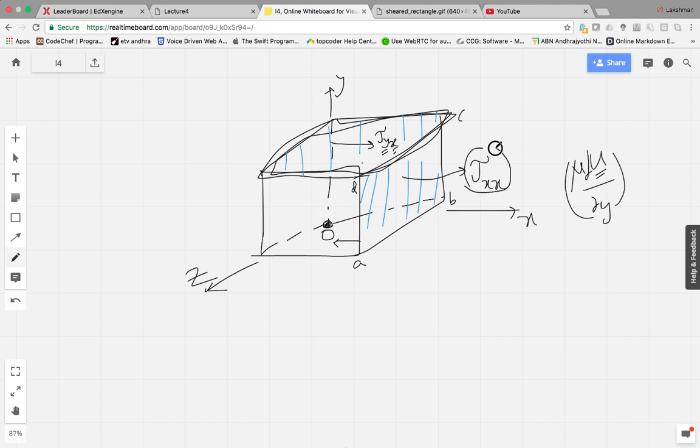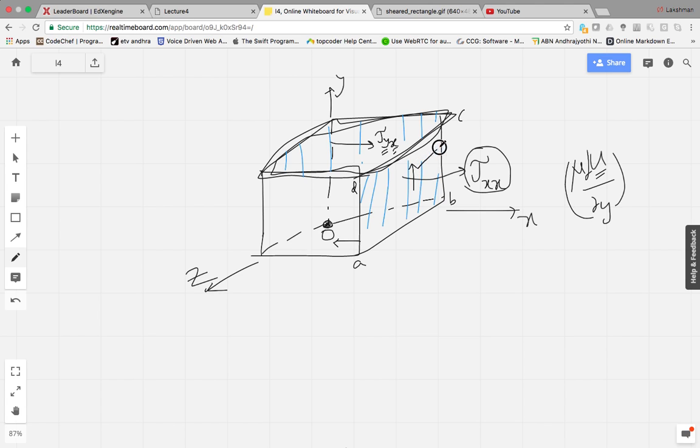This is called normal stress. This is called shear stress. Both of these combined, when written in a tensor form, become the stress tensor. So you have a normal stress and shear stress on each and every face. That means on the face ABCD you do have a shear stress here.